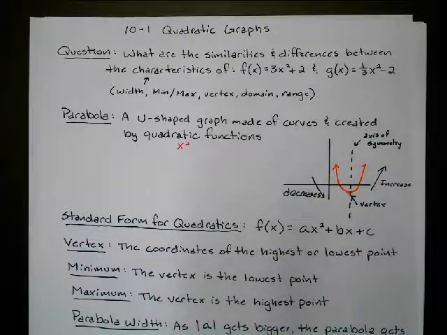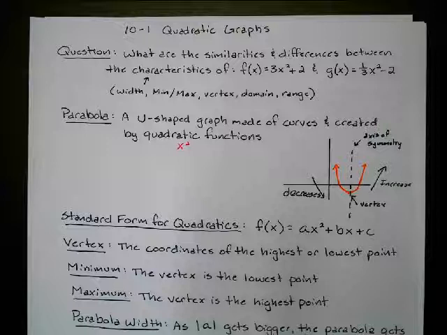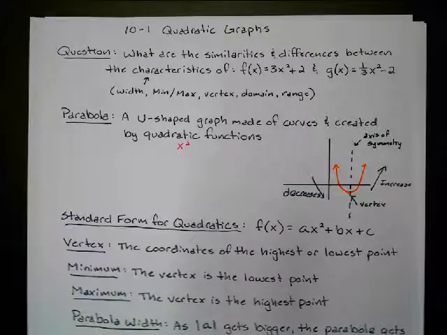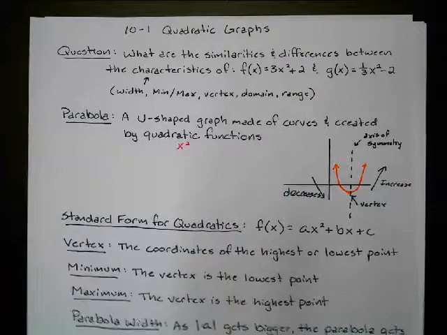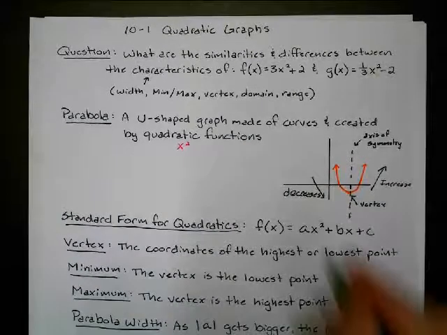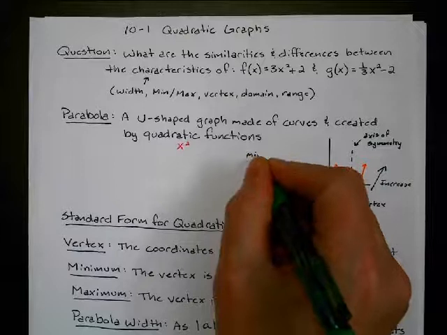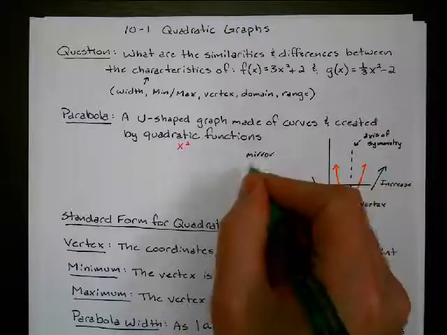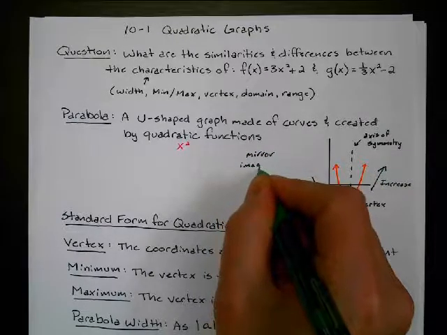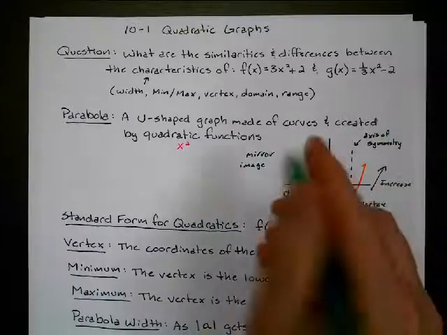That axis of symmetry line is like a line that magically goes through the middle of our parabola and cuts it into two reflected parts. So parabolas are always going to be a mirror image on either side of the vertex. Mirror image, we could also say a reflection.